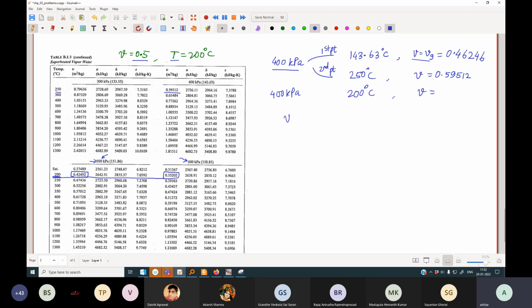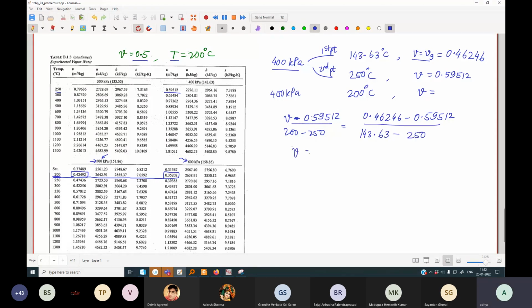So it's like (V minus 0.59512) divided by (200 minus 250) is equal to (0.46246 minus 0.59512) divided by (143.63 minus 250).